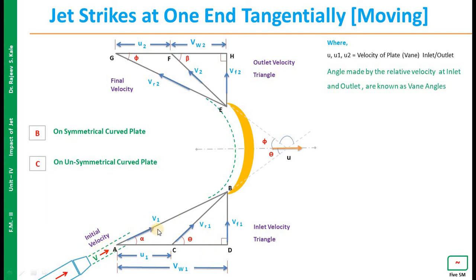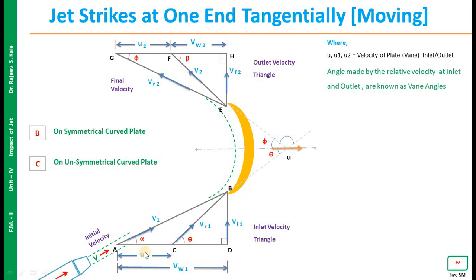See, this is the velocity of jet V1 making an angle of alpha with the horizontal. Now these are the velocity components as the plate is moving. So VR1 is the relative velocity component, VF1 is the velocity of flow at inlet, U1 is the tangential velocity at inlet, VW1 is the velocity of whirl at inlet.